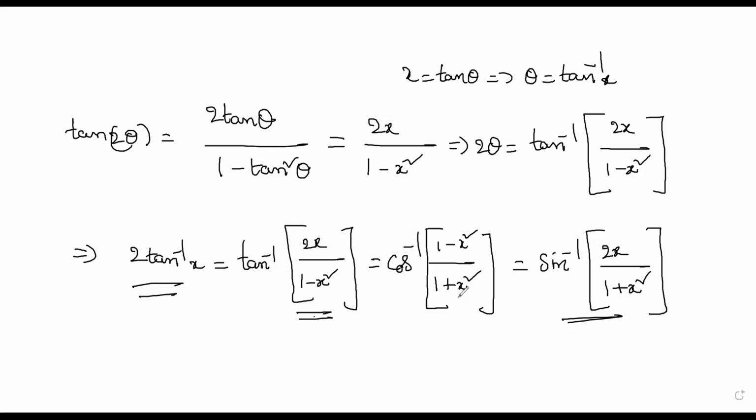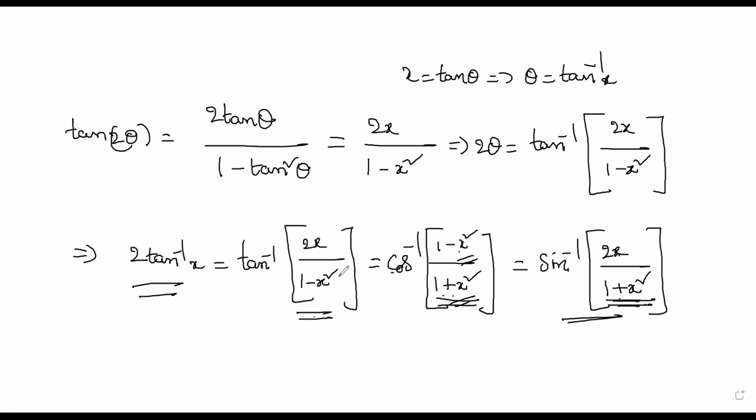Another way to remember: the denominator term inside the cos inverse and the denominator term inside the sine inverse are both 1 plus x square only. The numerator terms are different. The numerator term is 2x here, and here the numerator term is 1 minus x square.